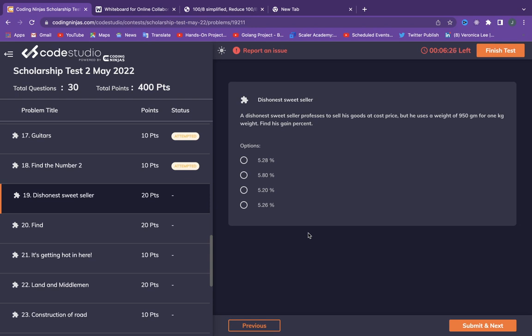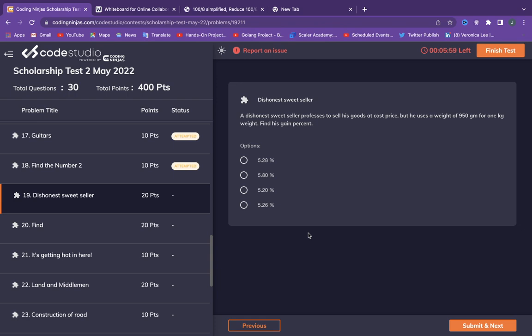Let's say he bought 1000 gram for X rupees. So 1 gram is for X by 1000 rupees. So 950 gram is 950X by 1000 rupees. But he's selling that for X rupees.